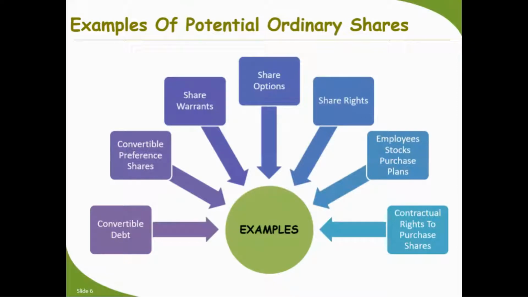All these arrangements will give the right to the holder to buy potential new ordinary shares. So these are all the examples. But in our discussion, we will talk about convertible debts, convertible preference shares, share warrants, share options, and share rights.